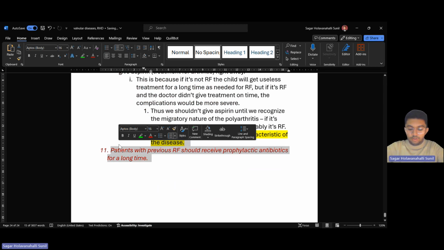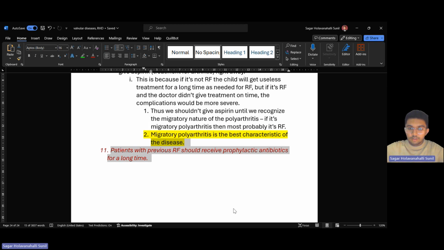Again, if you want to talk about the macroscopic pathology of the valvular defects, you can do so. You can just typically mention about the vegetations. Okay, and I think I have a PPT for that, or a picture for that. I'm not sure. Just a second.